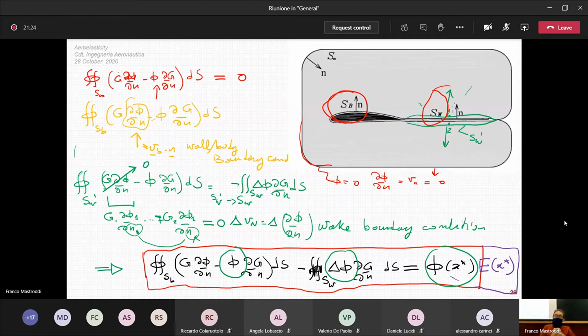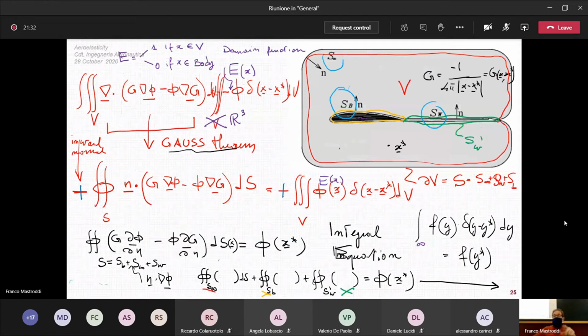The point is that if you go deeper and deeper, you can discover, and if I have time, I will demonstrate to you, that this domain function is equal to 1 here for x in the fluid domain, and equal to 0 here if x belongs to body.